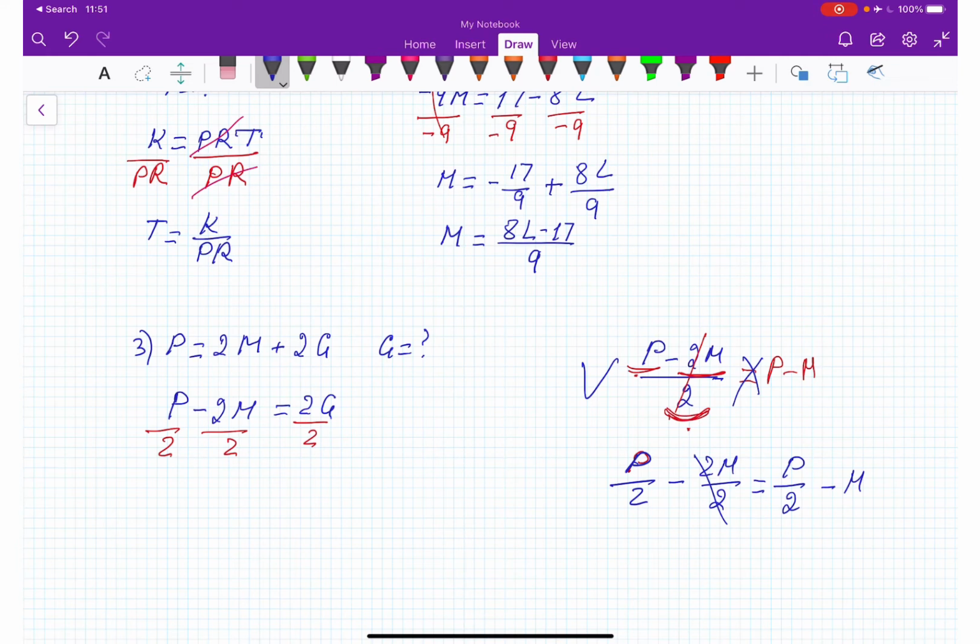Okay, so we are canceling this 2 with 2, and this 2 also with this 2, and I'm getting p over 2 minus m is equal to g. And that is going to be the answer.